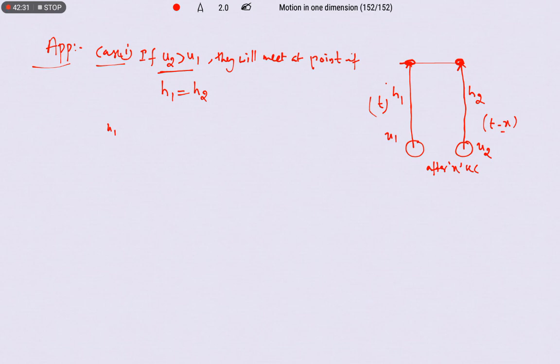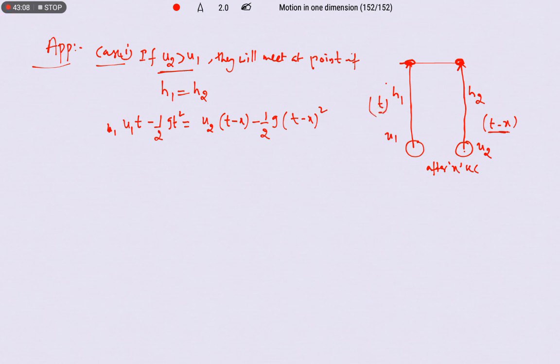Therefore we are going to write u1 t minus half g t square is equal to u2 into (t minus x) minus half g (t minus x) whole square, because the time for reaching the same height as object 1, the time taken by it is t minus x. Okay, our aim is to find what? Our aim is to find the time taken by the first body to reach that point.